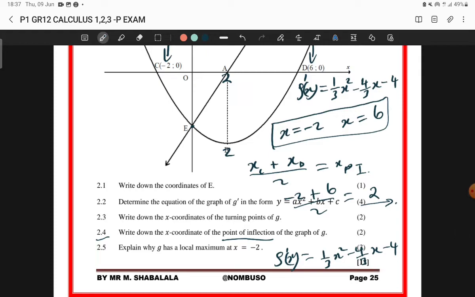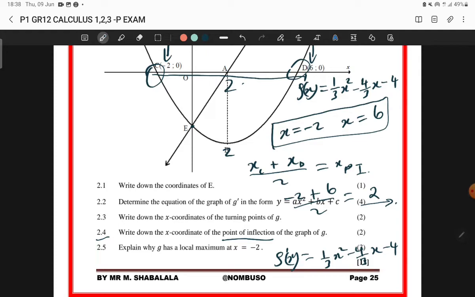How do we find it? When you have both x coordinates of the turning points, just add them together, then divide by 2 to find the midpoint of these two points, which is going to be just 2. So we are done with number 2.4.